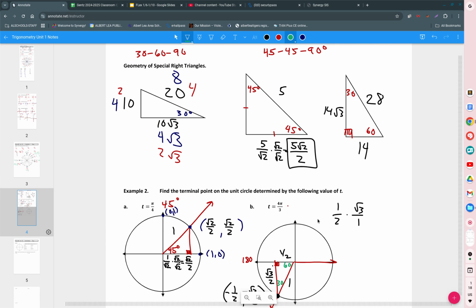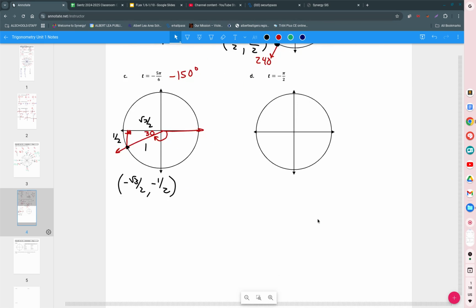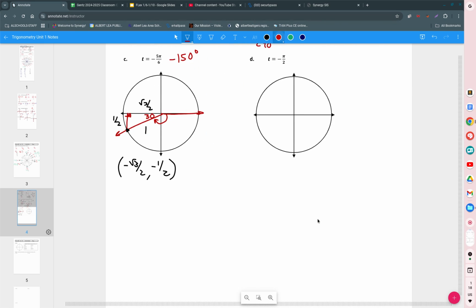And our last one. Pi over 2 is how many degrees? 90. And so I draw negative 90 degrees. Every time I do this, people automatically start to draw a triangle.